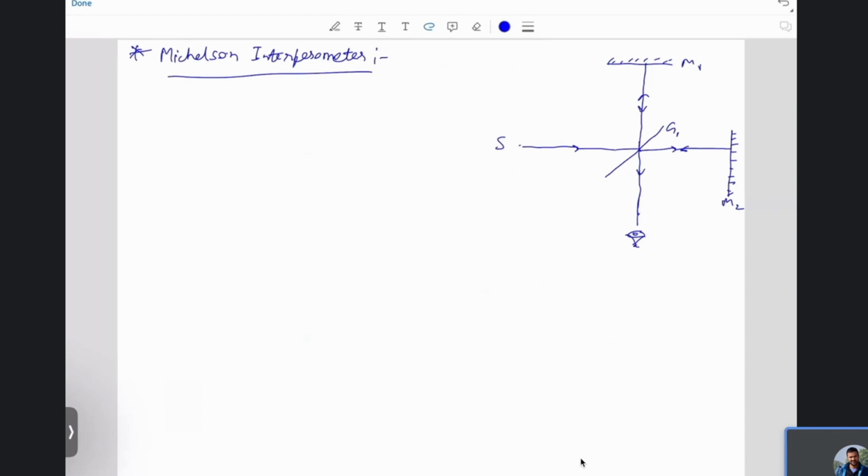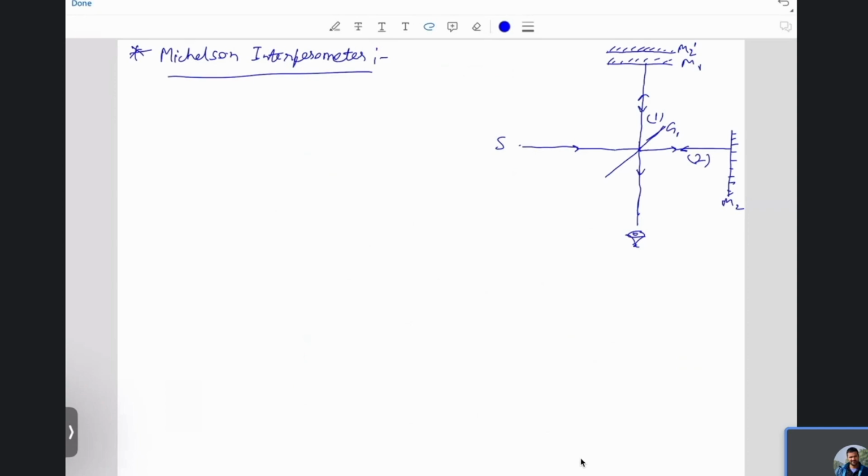So you will see that this light which is coming here will be seen to be coming from an apparent source M2 prime, because this glass has reflected the light in this direction. Correct, suppose this is the second beam, this is the first. So this second beam will appear to be coming from behind this mirror M1.